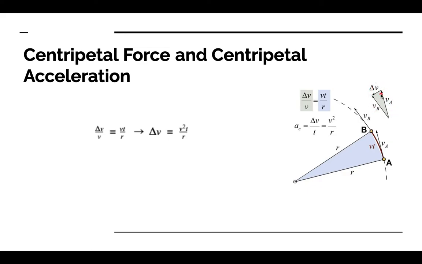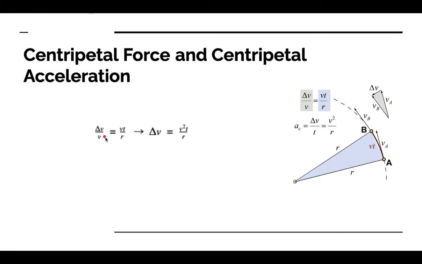So what we're going to get is the base of this triangle divided by one of its legs, delta v divided by v, is going to be equal to the base of this triangle, vt, divided by the leg of this triangle, which is r. We can do that because these are similar triangles, and thus the ratio of the base to leg is going to be the same for both triangles, okay?